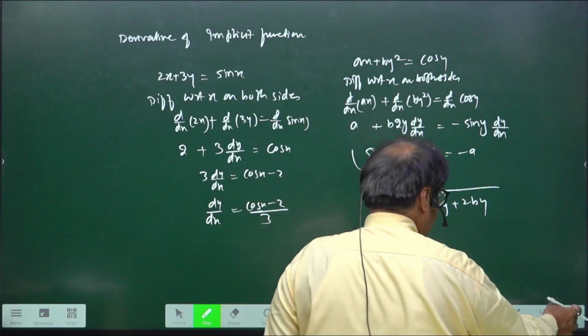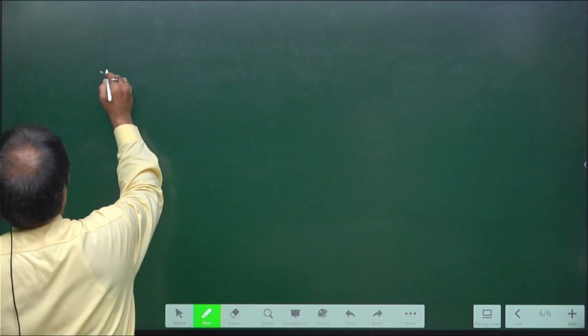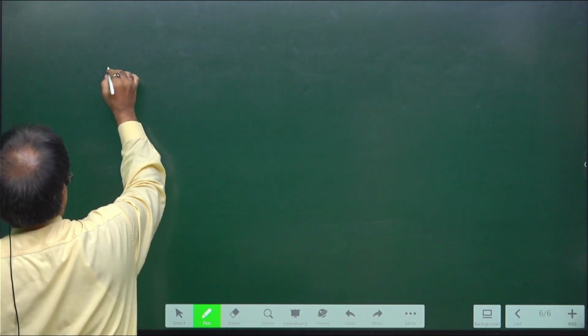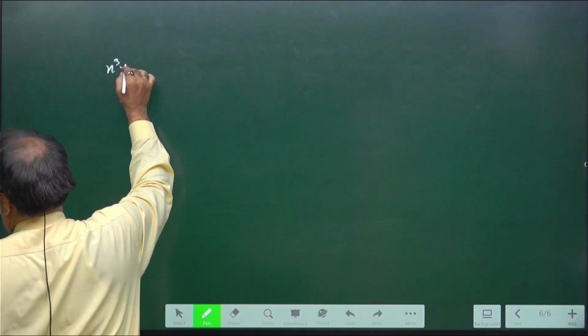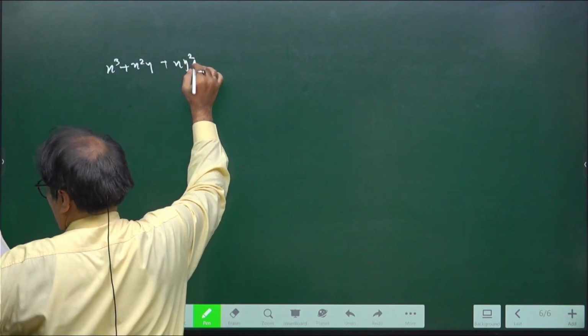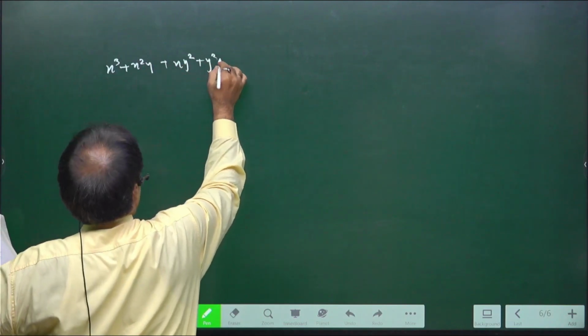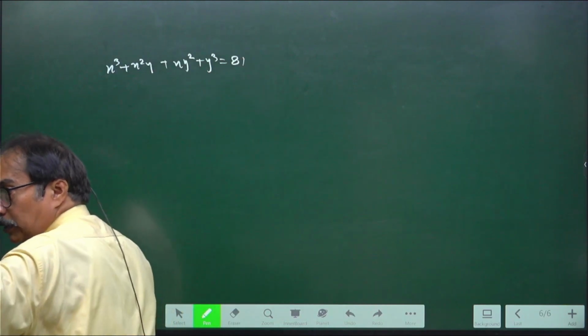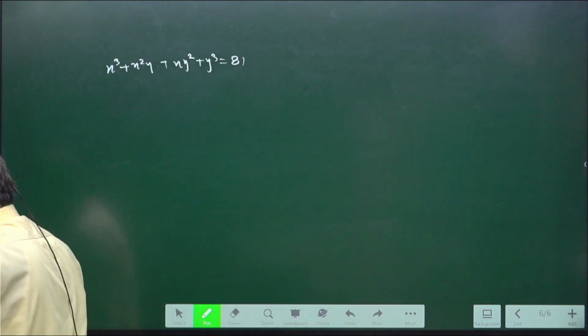If the question says x cube plus x square y plus xy square plus y cube is equals to 81. Suppose this is the question, right?